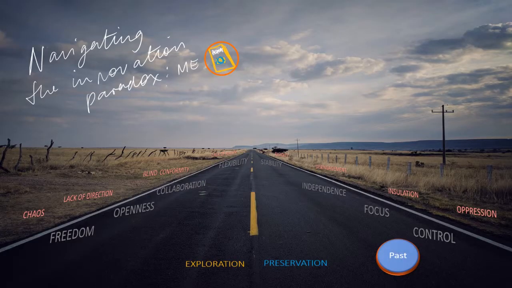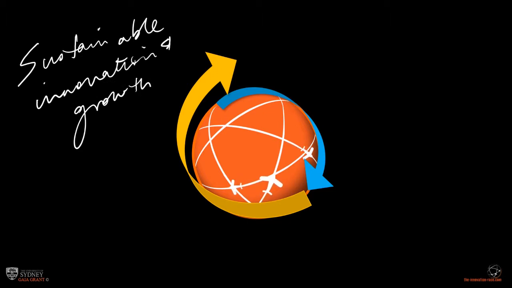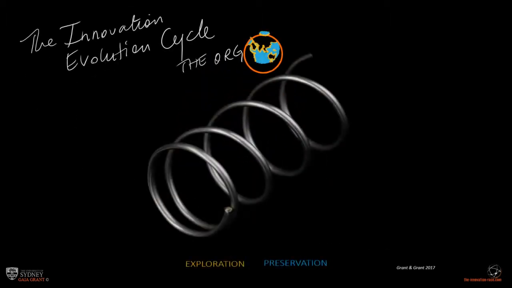And then the organisation. Typically an organisation will go through a stage of freedom when they're a startup, rapid exploration and expansion. They need to get some control in place before they can get stability, that balance between stability and flexibility in the future. The final model that I'm going to show you is a spring, because I think this represents what the organisation needs to do.